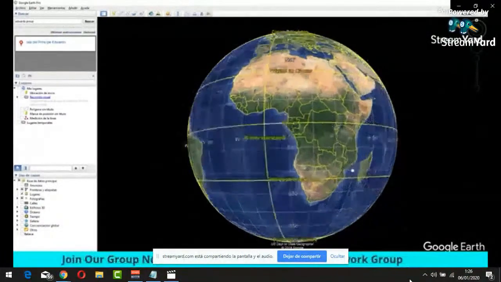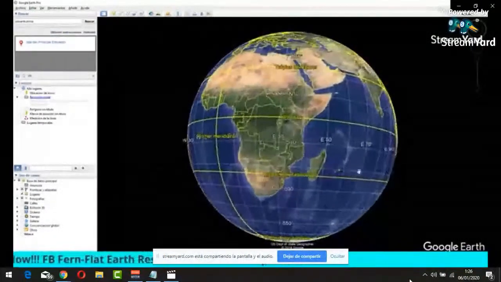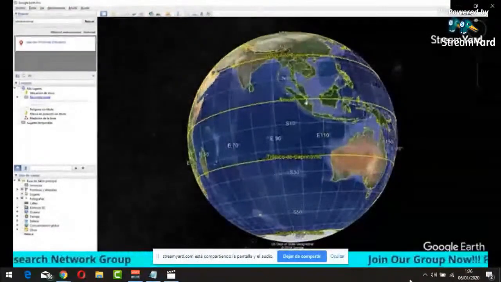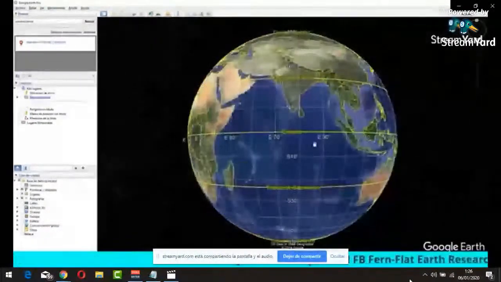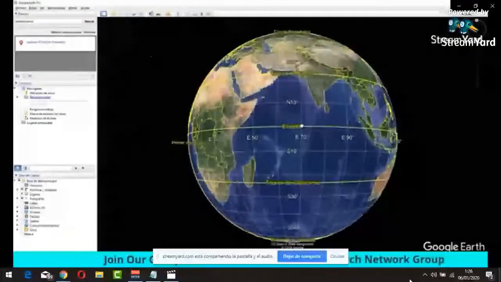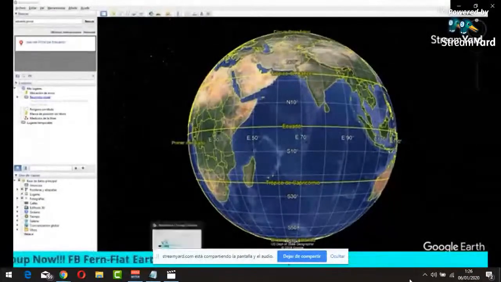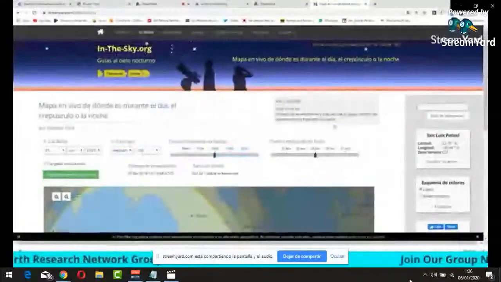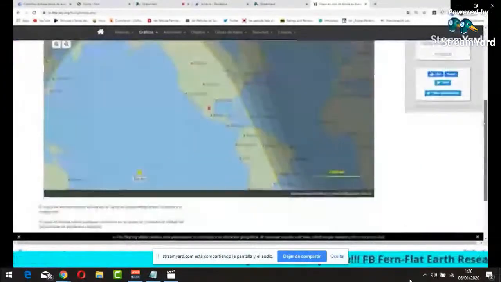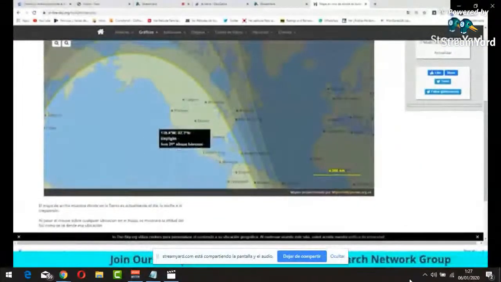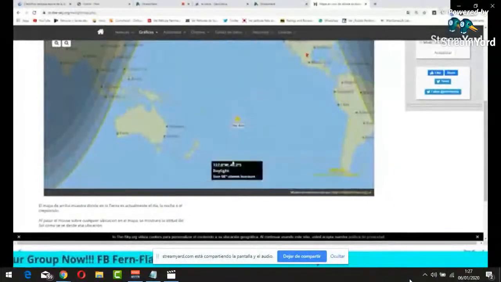So the day has 24 hours, and the sun normally travels 24 hours to get back to the same point. It's very weird that they say the sun is pretty far away, but on all the sites they show where the sun is. They say the sun is here.